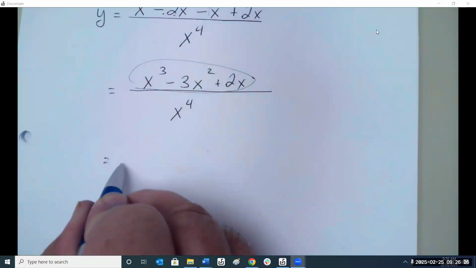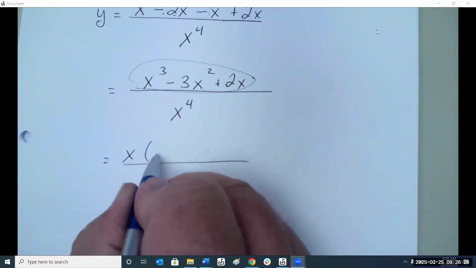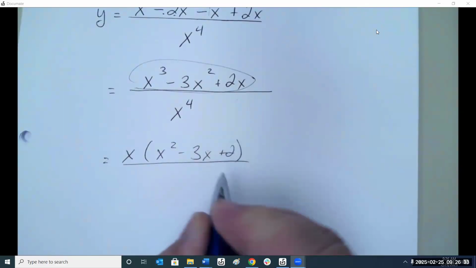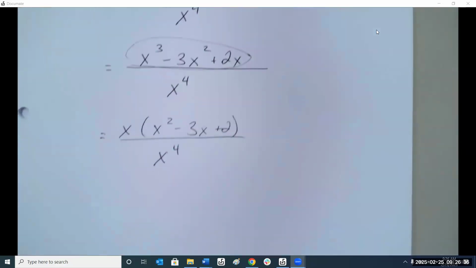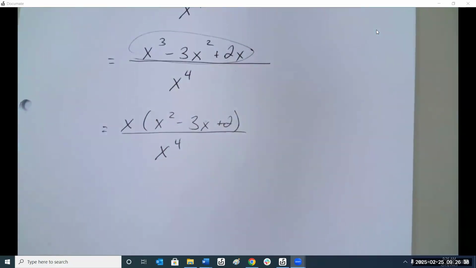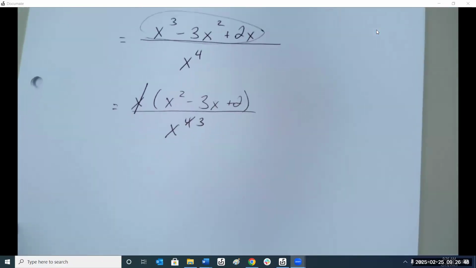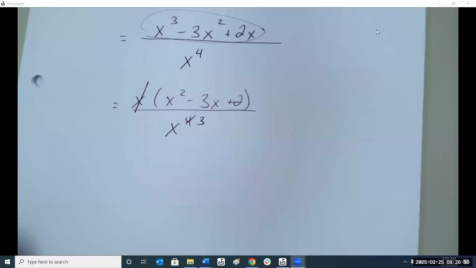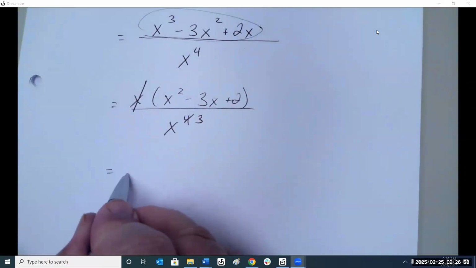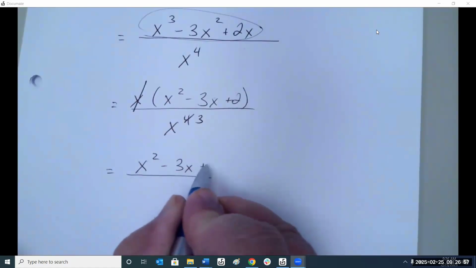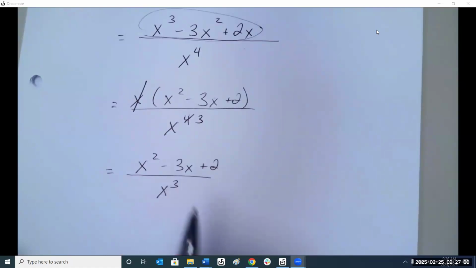All of the top values have an x, factor out an x on top. Anything cancel? Yeah. This x cancels with one of these. So there's only 3 left on the bottom. X squared minus 3x plus 2 over x cubed.